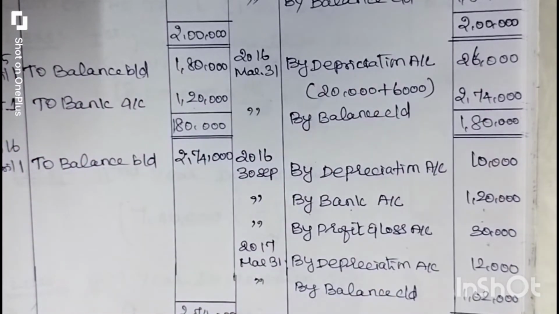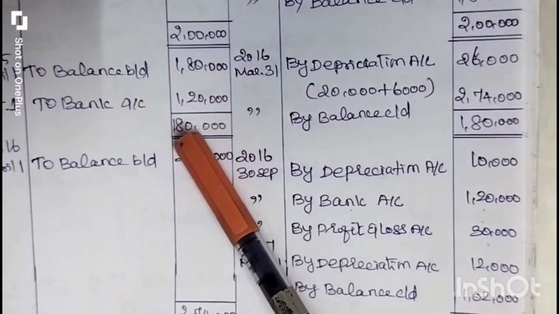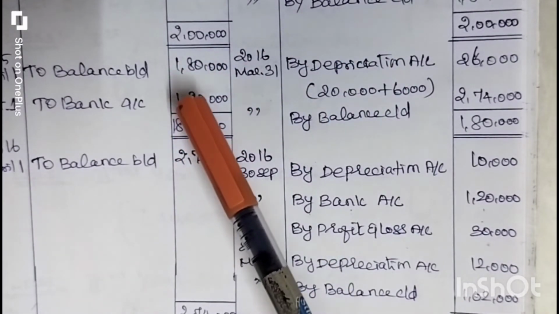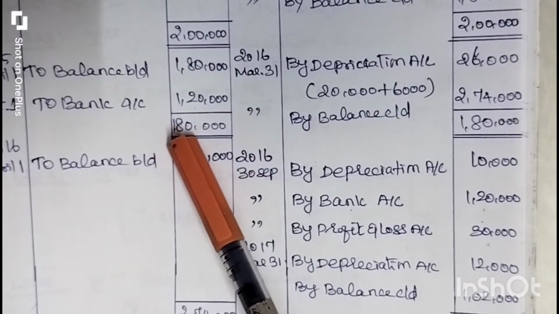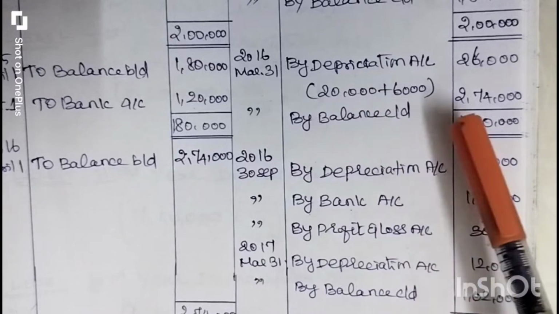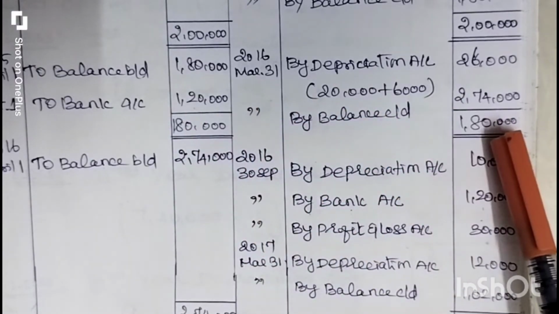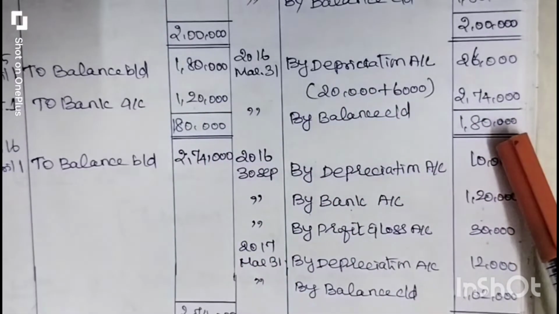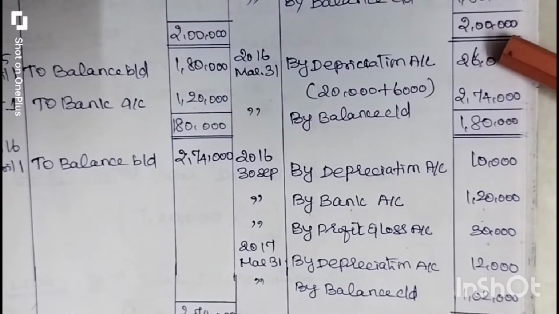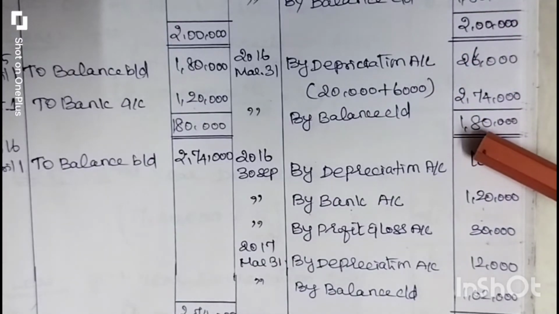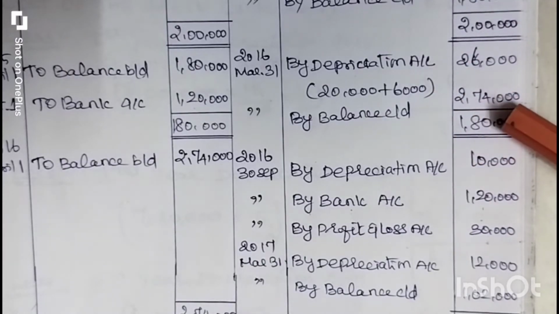Okay, now which side has the higher value? Debit side has the higher value. So how much do we have to consider? 1,80,000 rupees. So we enter it as the total on both sides, debit side and credit side. Okay, now we have to find the difference for the lesser side. For that you have to subtract 26,000 from the total. You will get 2,74,000.